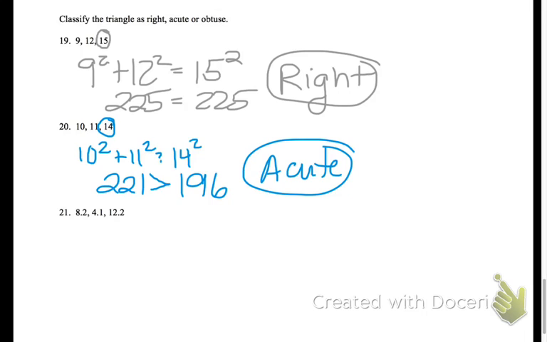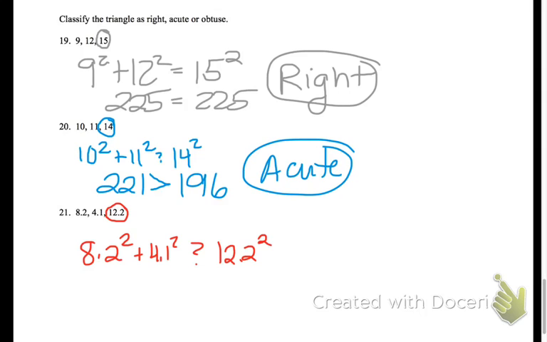And this third example, here's our longest side. Our other two sides, 8.2 squared plus 4.1 squared, how does that compare with our longer side, 12.2 squared?